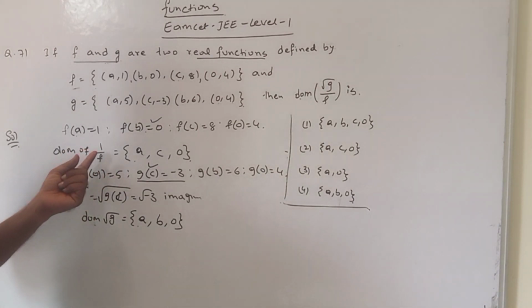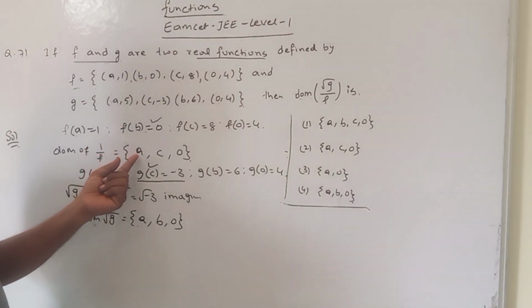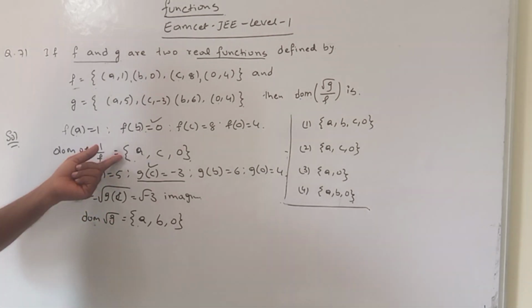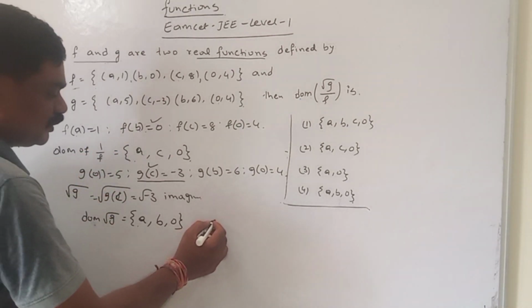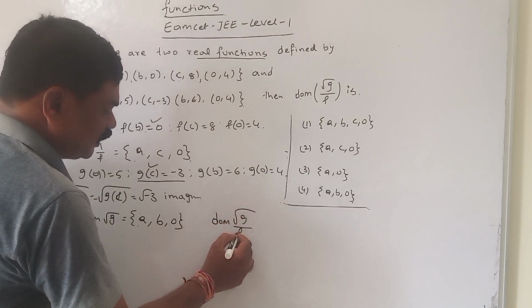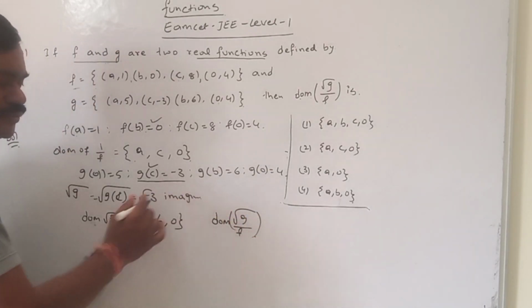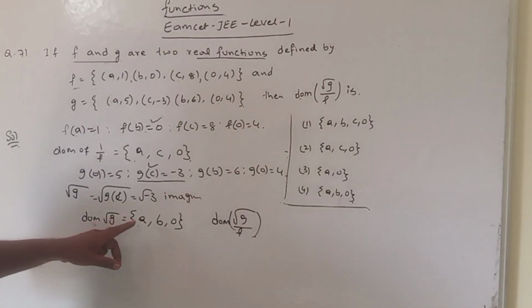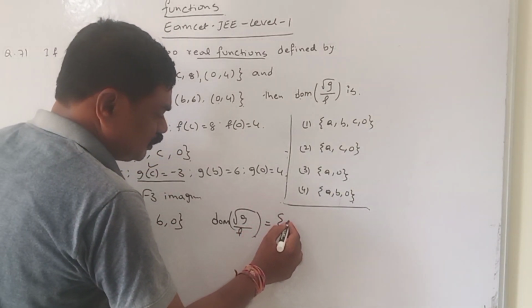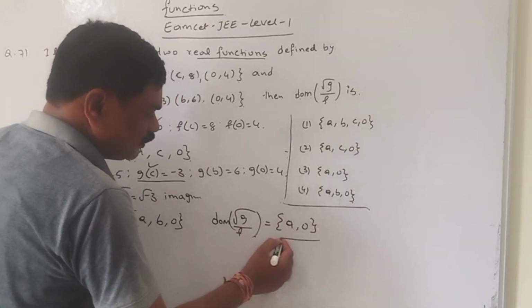The domain of 1 by f is the set of a comma c comma 0. Then the domain of root g by f means the intersection of these domains. Intersection of these domains, you observe here, a comma 0, is equal to the set of a comma 0.